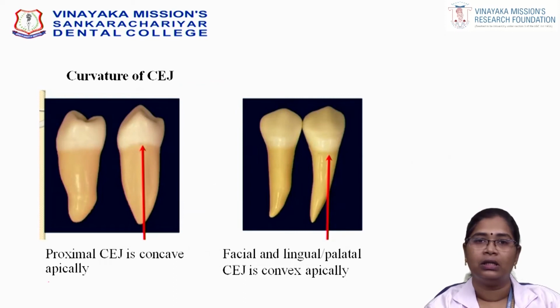Coming to the cemento-enamel junction or the cervical line. The cervical line on the mesial and distal aspect is more concave, whereas on the labial or the palatal aspect, the cervical line is more convex towards the apex of the root.